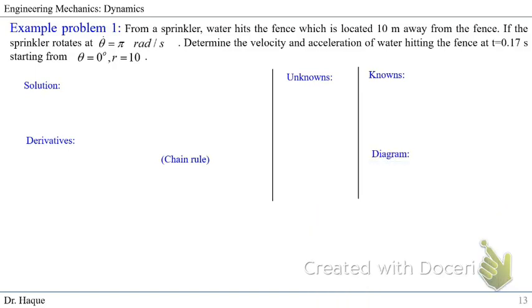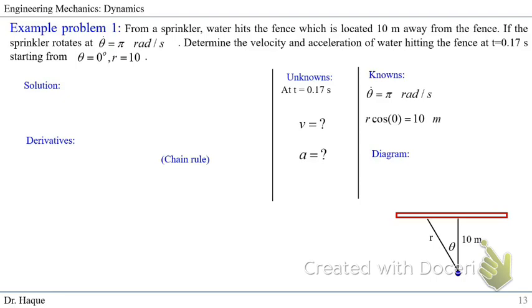So let's find our knowns. We know that theta dot, the rate of the sprinkler rotating, is given, and r at the 0 degree starting point is 10 meters. Unknowns: at t equals 0.17 second, find the velocity and acceleration.